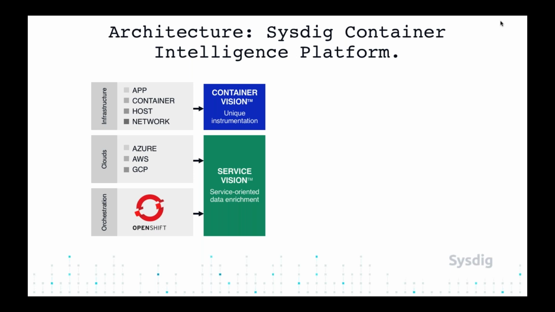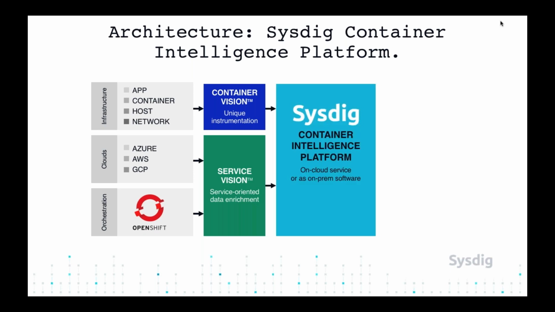This rich set of metrics, information, and event information, we then pair with data we get through another technology that's unique to Sysdig called Service Vision. Service Vision is about tying into the orchestration layer, into OpenShift, getting the rich metadata that OpenShift with Kubernetes provides, pairing that with the data we collect from containers, and taking advantage of that inside this intelligence platform.